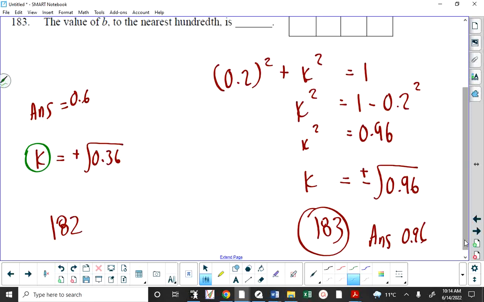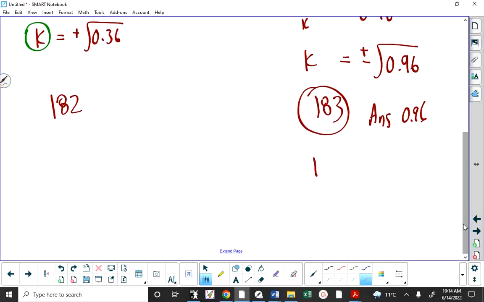It says, what is the value of k? K is the square root of 0.36. In 183, it does not say what is the value of k. It says that k is equal to plus or minus the square root of some number. I don't know what letter they used. And they're not asking you for k, they're asking you for the number that you will take the square root of to get k. And we're taking the square root of 0.96.